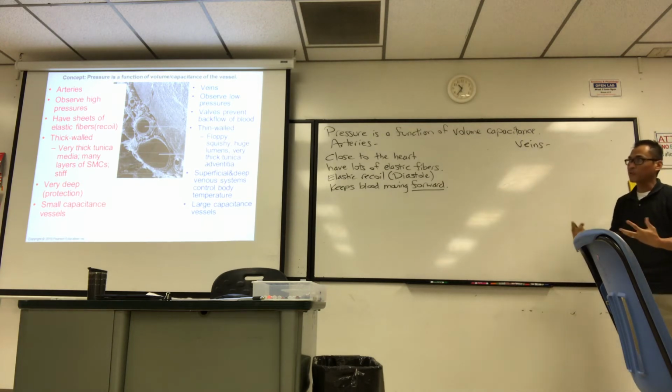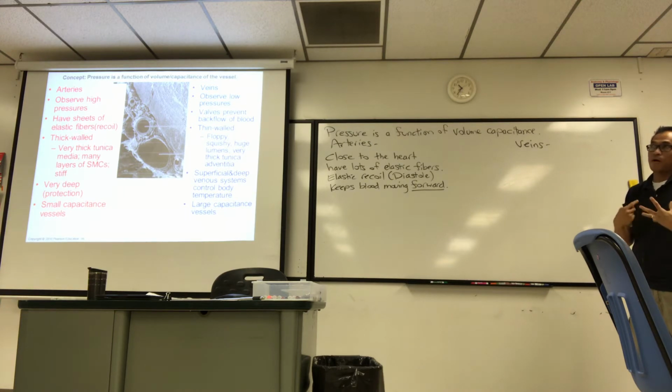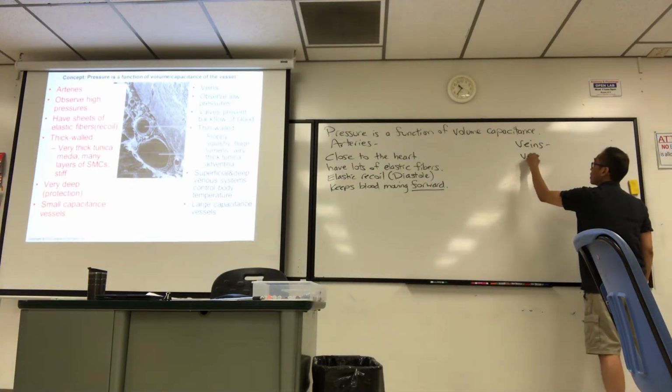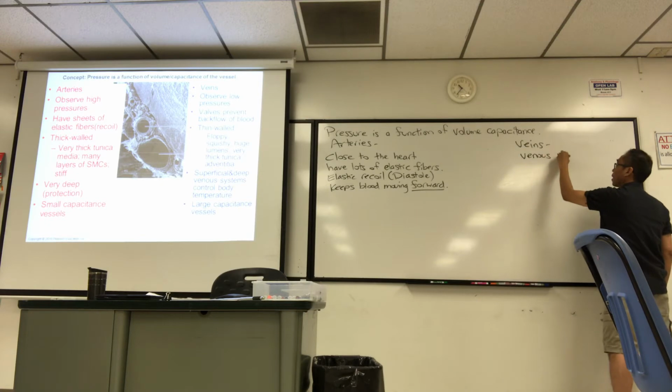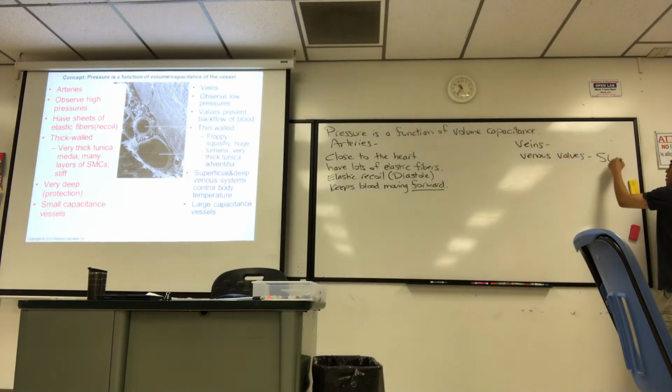The veins throughout their length have valves. You don't see a valve there. But because we observe low pressures and the heart isn't providing pressure for it, the valves will prevent backwards flow of blood. So veins need valves. They're like the SL valves. They're very similar. They close and they prevent backwards flow of blood.